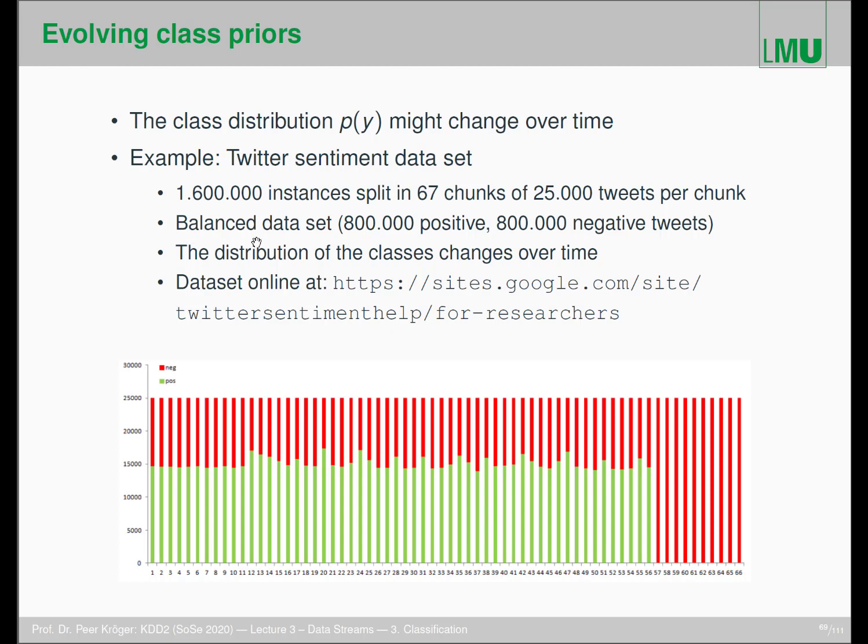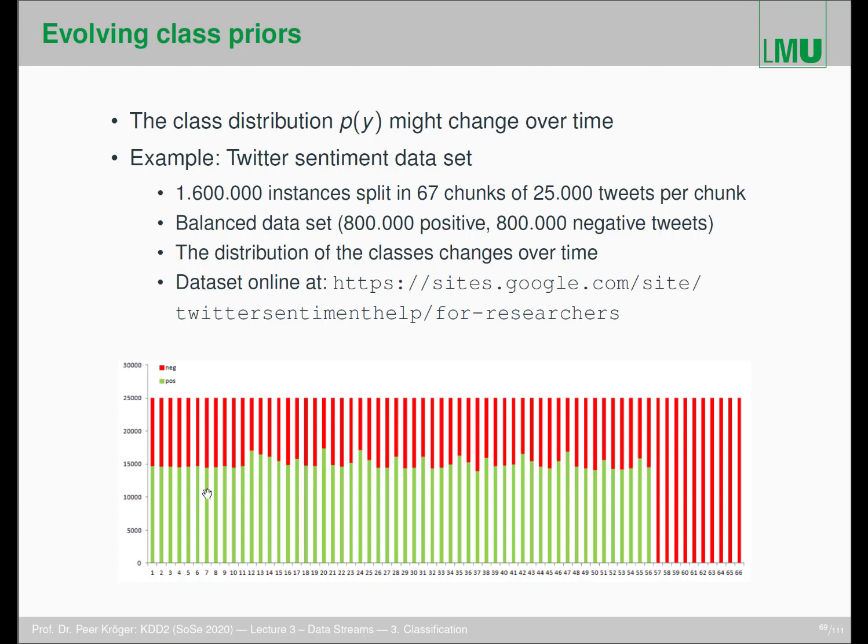The whole thing is balanced, 800,000 positive, 800,000 negative tweets, but the distribution of the classes changes over time. You can see the data set online following this link, and you see here that the class balance is more or less 50%, not really 50%, but at least stable.